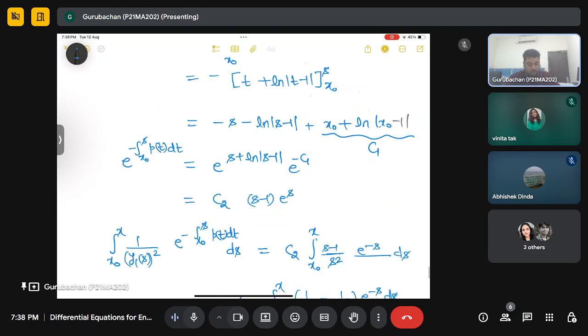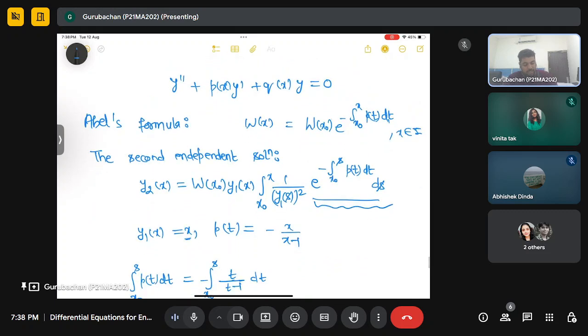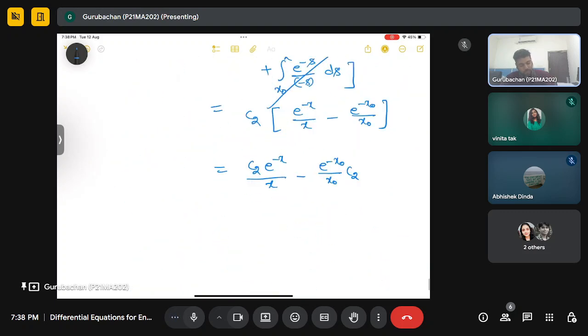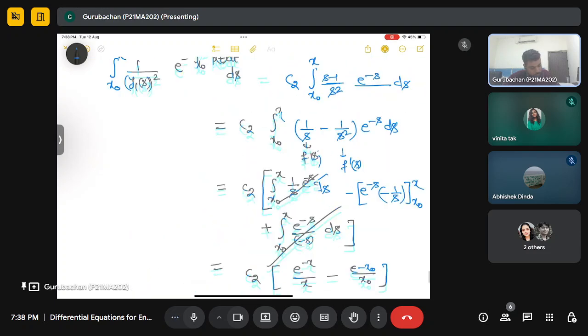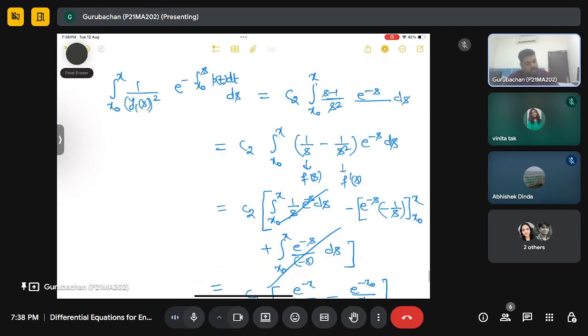Still it is not fully solved. We need to multiply it with the Wronskian at x naught, that is some constant, and y1 of x, with this answer. So our y2 of x will be this multiplied with the Wronskian at x naught, and y1 of x was x. c2 times e to the power minus x divided by x. Here again the minus becomes positive.